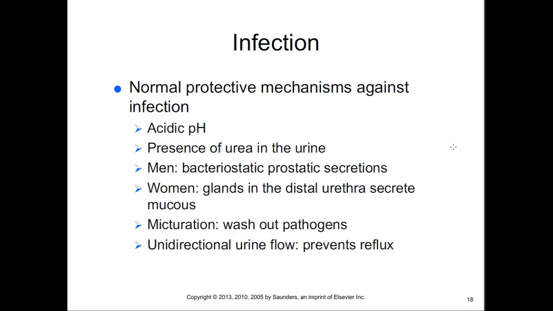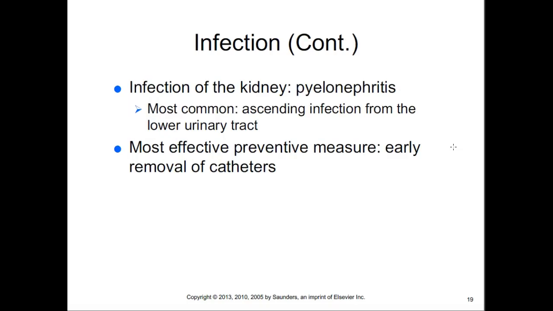And then women in their urethra also secrete some mucus, right? Micturition, which is urination, washes out pathogens. And unidirectional urine flow, so that there's very little urine that moves upward, prevents reflux. In infection, we might call it pyelonephritis. Usually it's an ascending infection from the lower urinary tract, right?